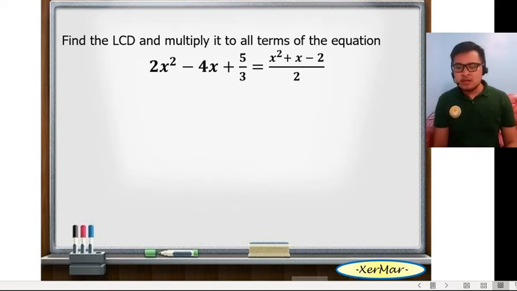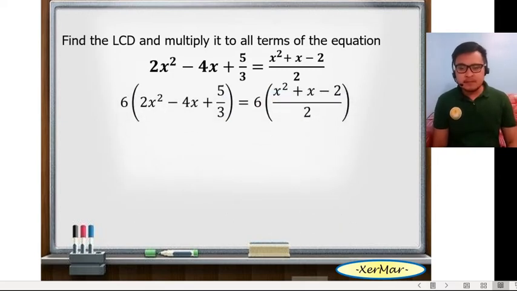So now, paano ba natin hahanapin itong LCD? Okay, so ibabase lang natin siya sa denominators ng fractional part ng ating equation. So yung denominators natin are 3 and 2. So ano ba yung LCD ng dalawa? So yung LCD nila ay 6.